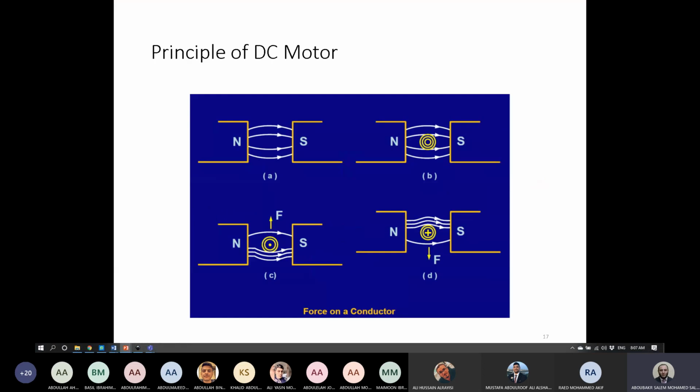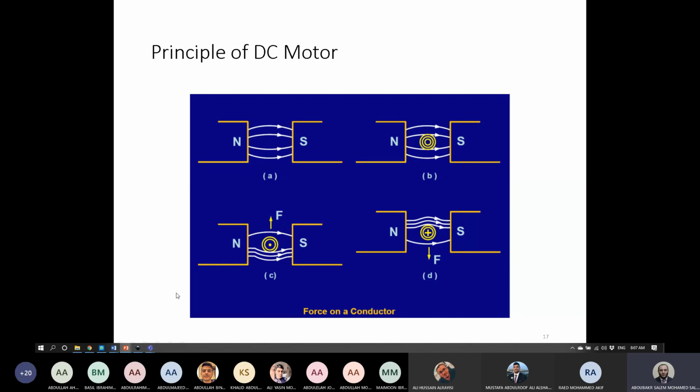We used Fleming's left-hand rule, and according to it we can identify the force direction, and based on the force direction, we can identify the motor rotation. If you apply Fleming's left-hand rule here, the flux direction will be from N to S, and there is a conductor here.